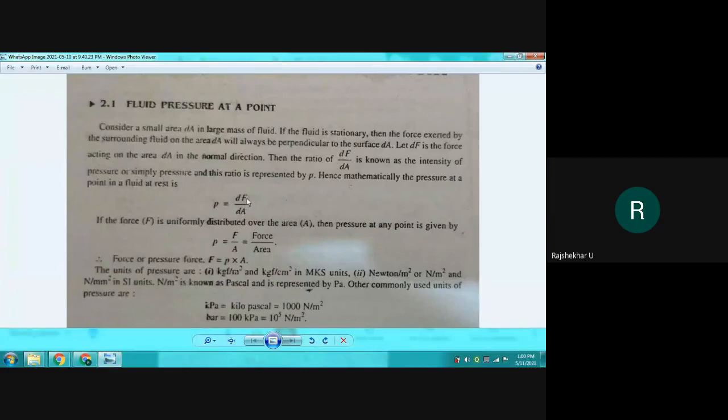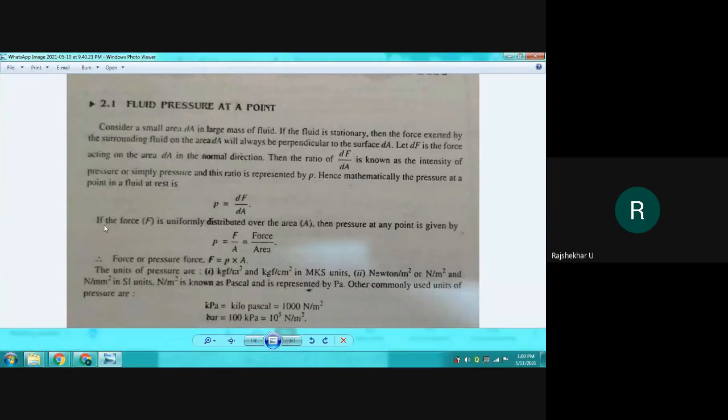So here we are considering the force acting normal to the fluid particle, which is perpendicular to the fluid particle and this imaginary area on which the force is acting perpendicularly.